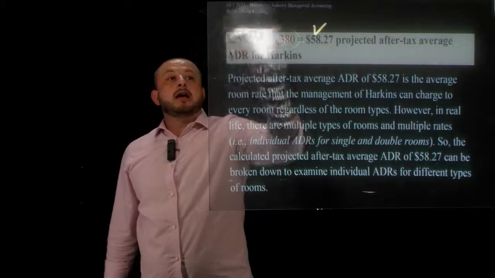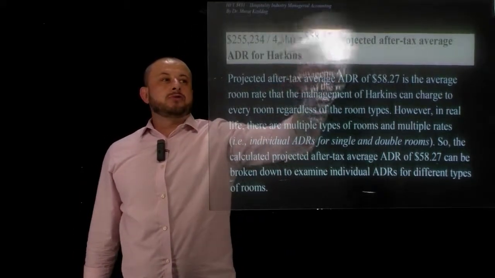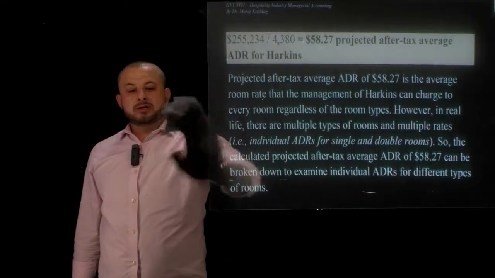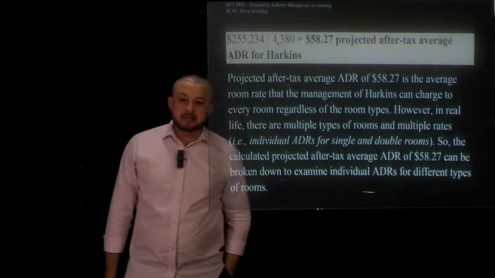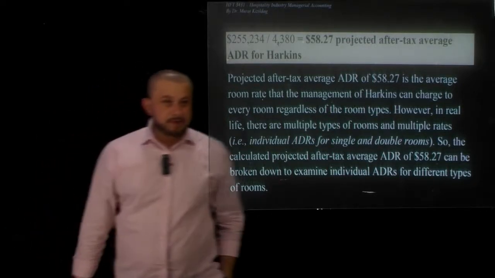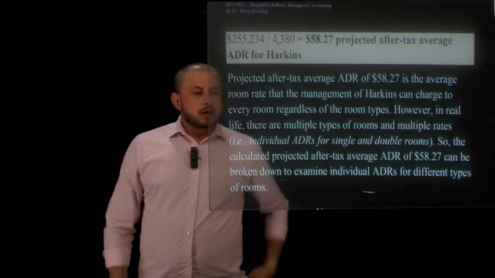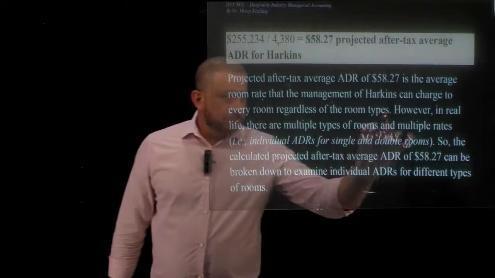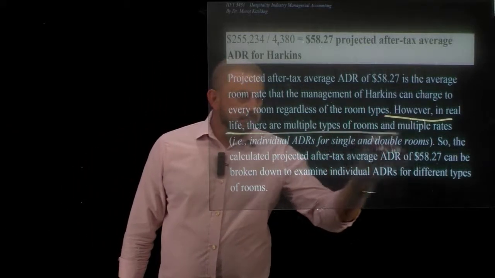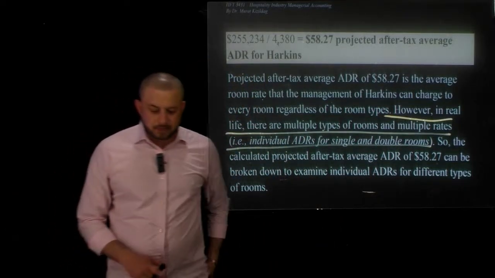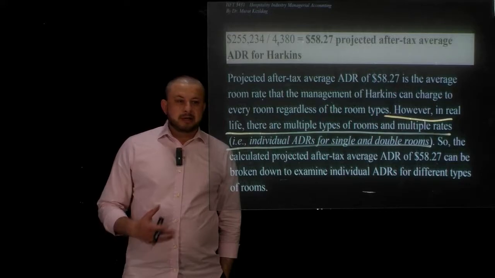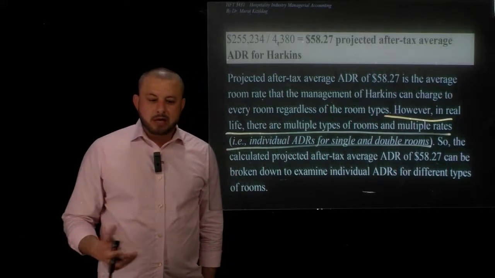So for Harkins, overall, regardless of the room type, they can charge on average $58.27 for the ADR, okay? What do you think about this? In real life, there are different types of rooms.